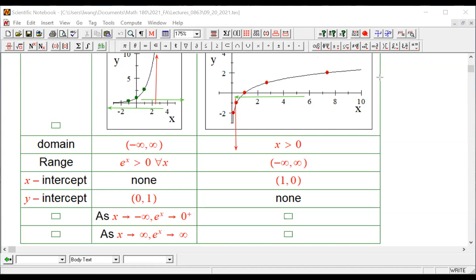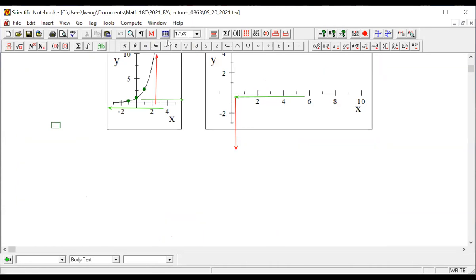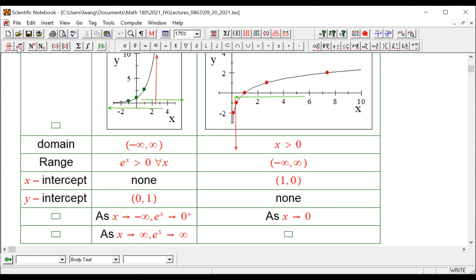So what do we say about that? Well, this is what you say in calculus class. As x approaches 0 from the positive side, you see, we're complying with the domain.